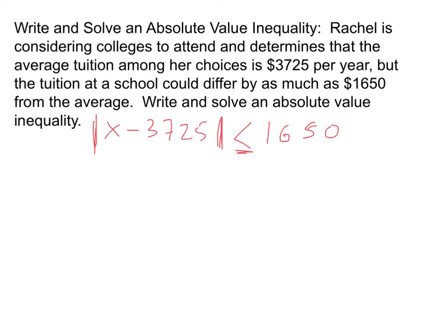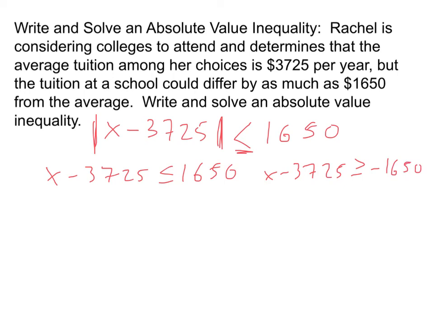If you're trying to solve this, remember we do plus or minus to both sides, so we'd get X minus 37.25 is less than or equal to 16.50. And we would get X minus 37.25 is greater than or equal to negative 16.50.